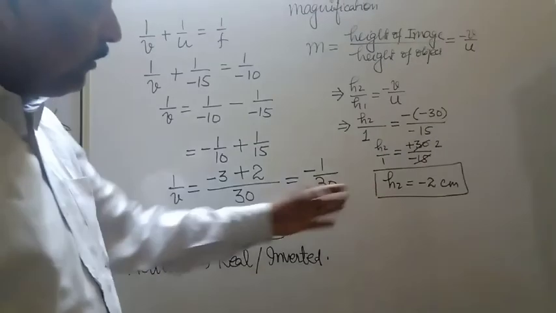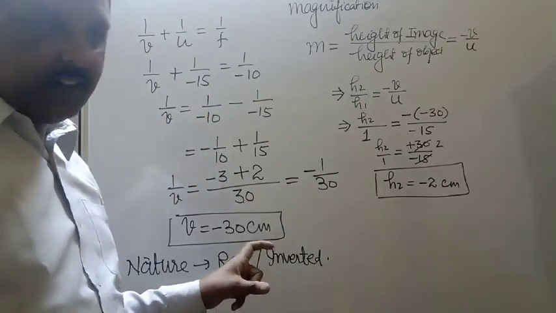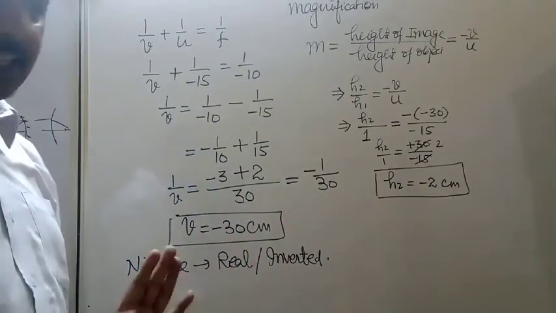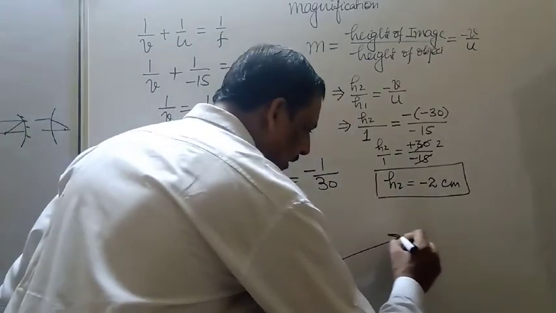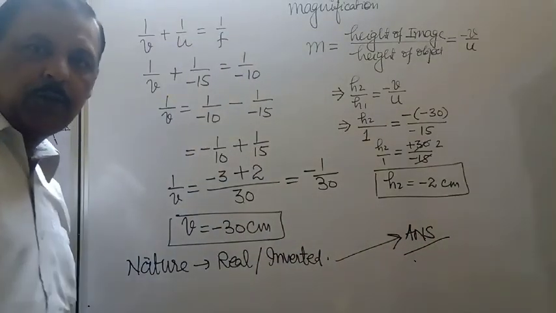Negative means inverted. The height of the image is double the height of the object. So the image is double and inverted. This is the answer of this question. That is how we are able to solve it. Thank you very much.